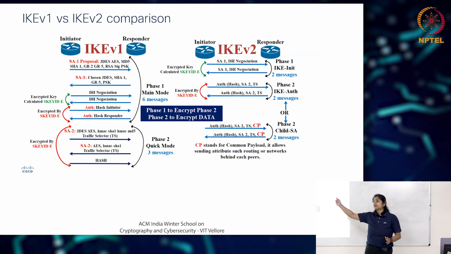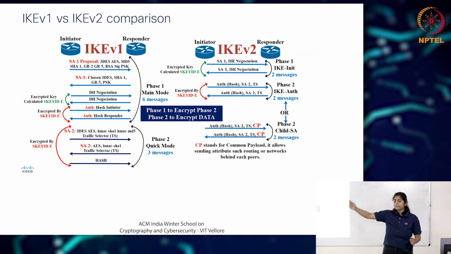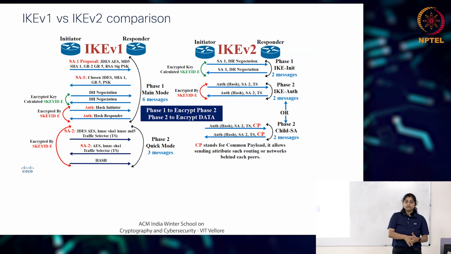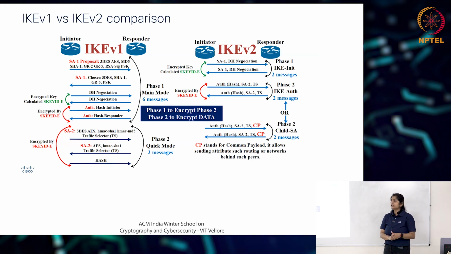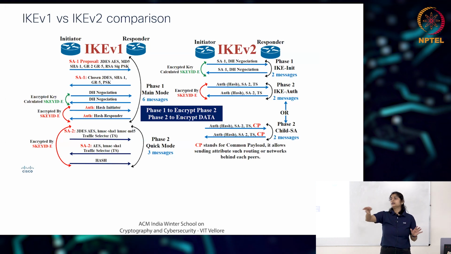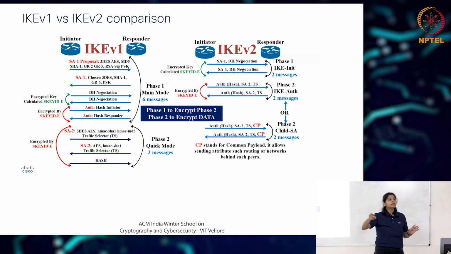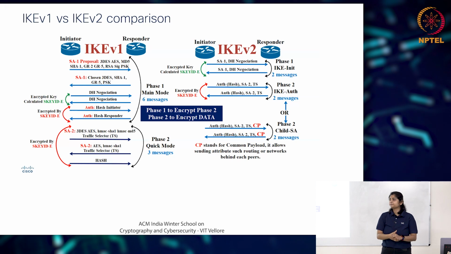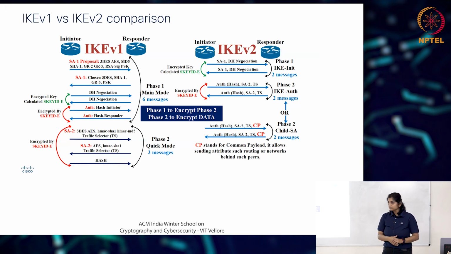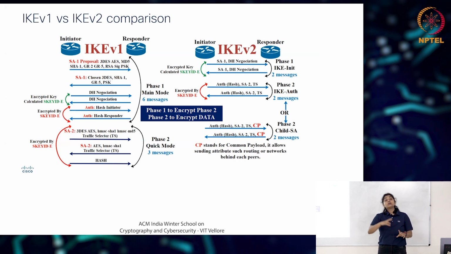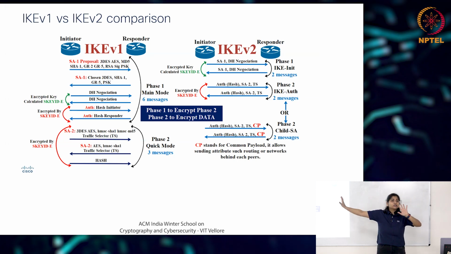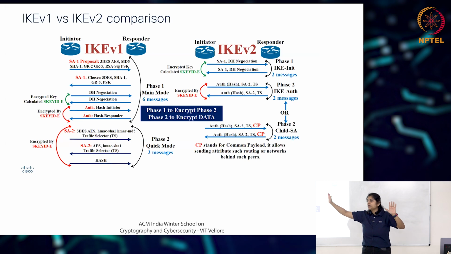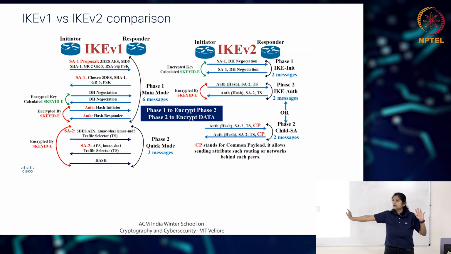If it doesn't, then again it will go back to the first message exchange. So to reduce the number of messages used in IKE v1, IKE v2 was established, and it is the most popular. If you go to your PC and type VPNs, there is a Microsoft VPN you want to establish, or I think it comes as a Windows VPN, not sure. You'll see IKE v2 there. That is what is used even for remote access VPNs. Just remember, this was all site-to-site VPNs, okay? What we did right now: LAN to LAN, peer to peer, site to site. This is how the normal exchange happens.